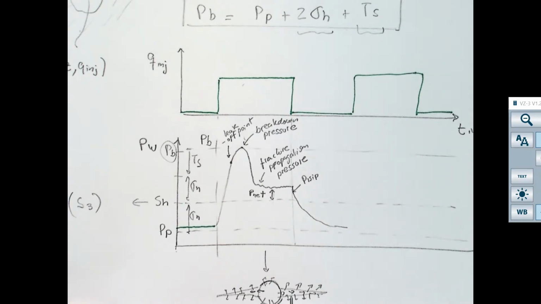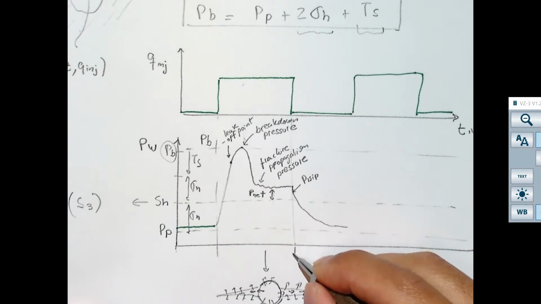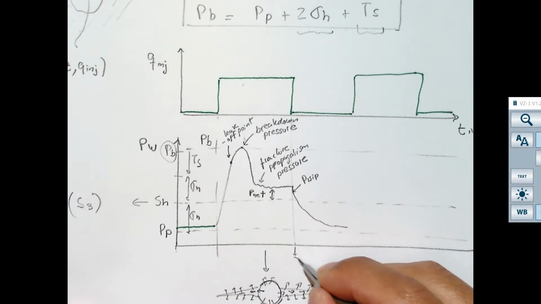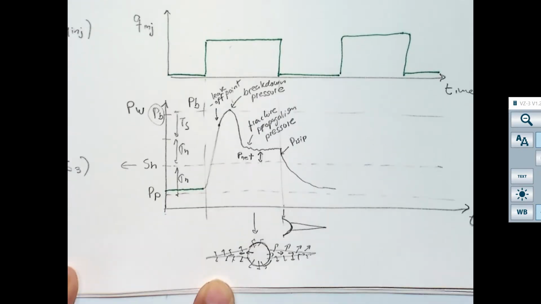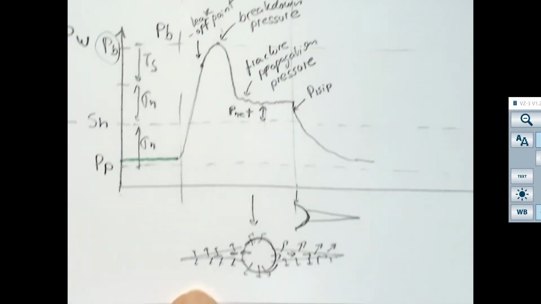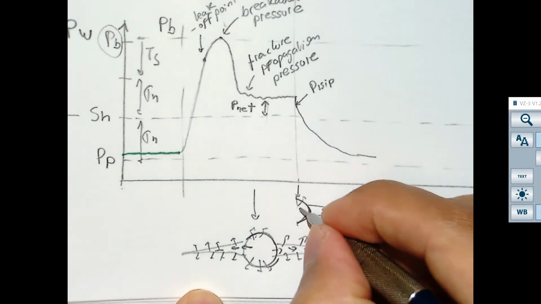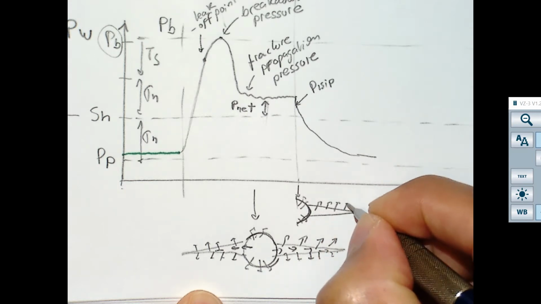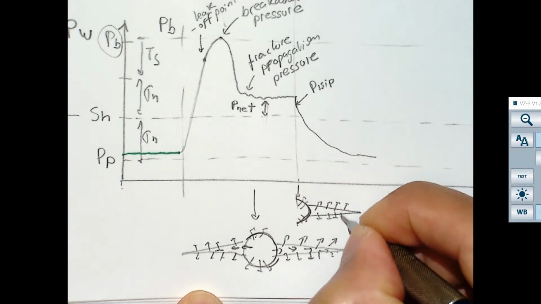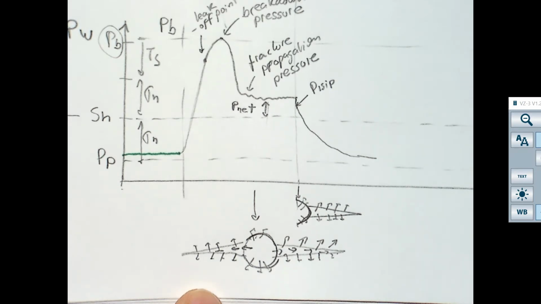Let me just draw half of this fracture. So this is the wellbore, and this is the fracture. At the shut-in time, there is no more fluid from the wellbore into the fracture, but the fracture is open and still leaking.